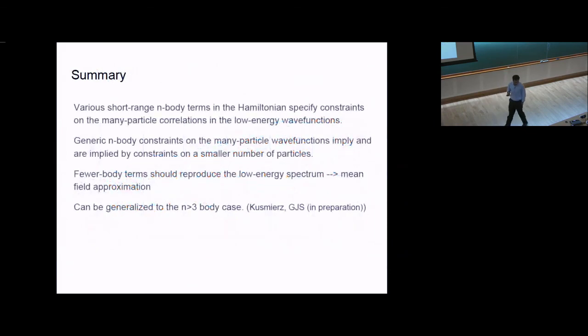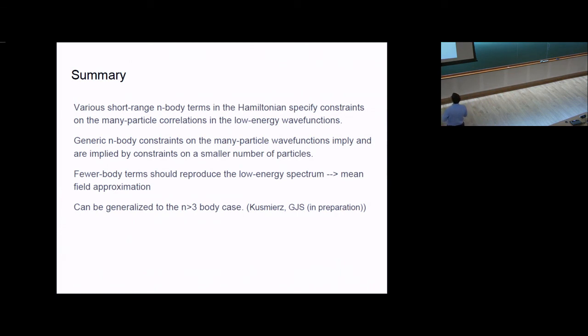To summarize, the various short-range n-body terms in the Hamiltonian are ways of specifying the constraints on the correlations in the many-body wave function. A generic n-body constraint, which contains many frustrated terms, effectively implies and is implied by constraints put on a smaller number of particles, and that is the reason why such a mean field approximation actually works.